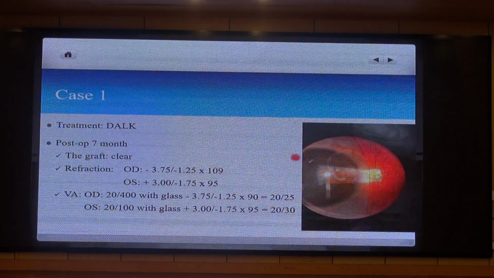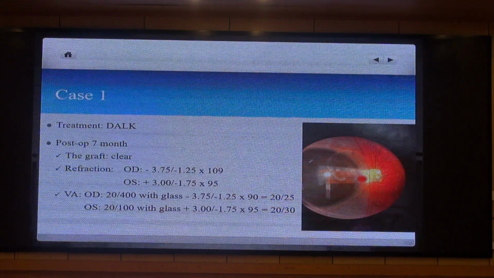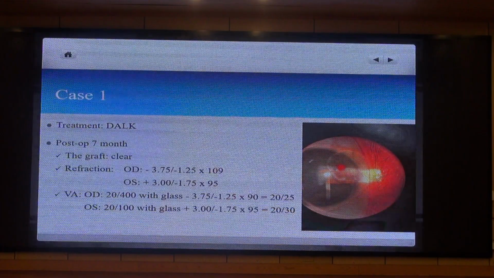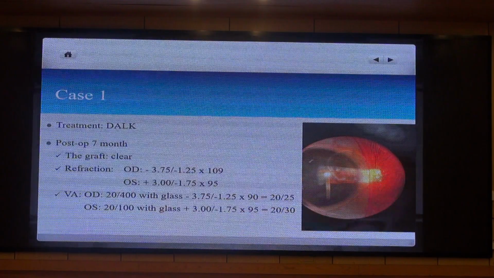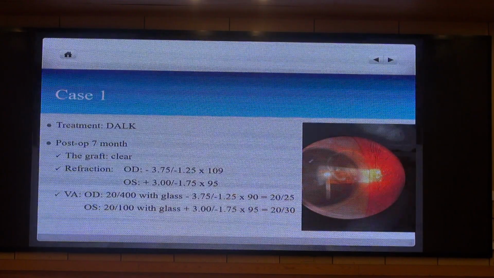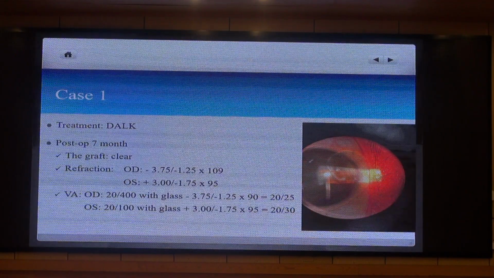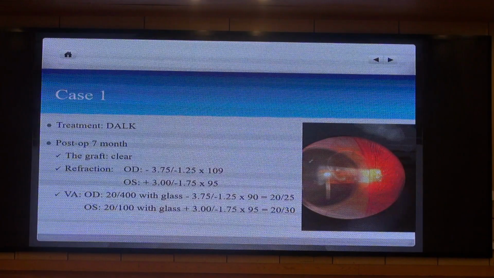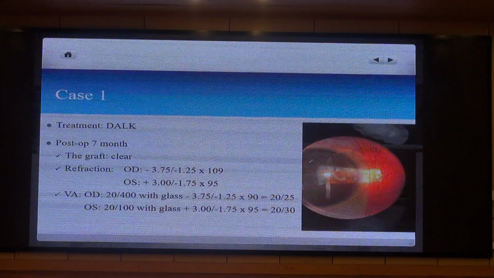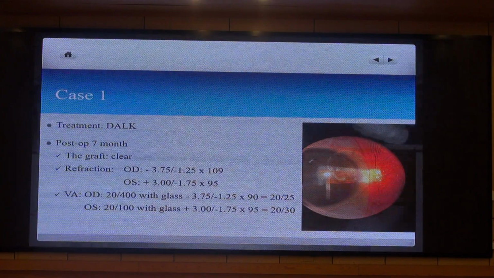Here is a picture at 7 months post-op, and the graft is clear and still has 1, 2, and 3 sutures here. The reflection is on the left of the right eye like this. The visual acuity with glasses is good in both eyes. The right eye is 20/25 and the left eye 20/30 with glasses.